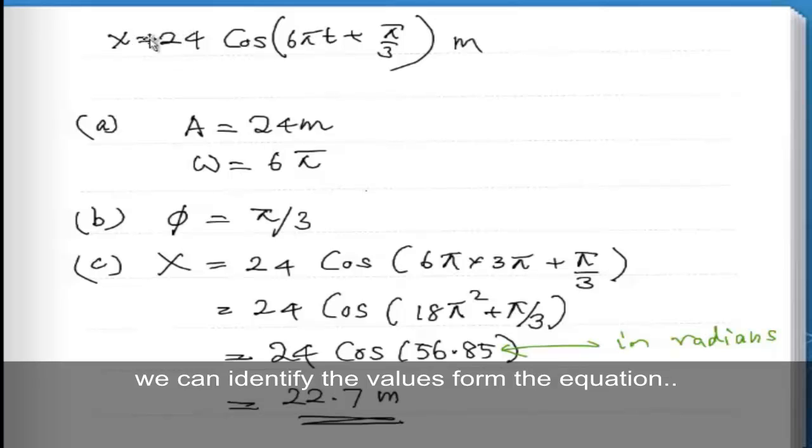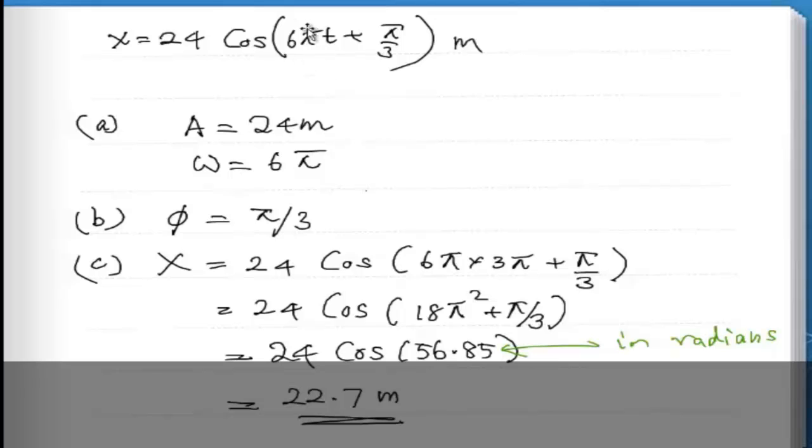By comparing this equation with the equation for the displacement, we can identify that the amplitude is 24. So the amplitude is 24 meters, and then 6 pi is the angular frequency, and also the phase constant is pi over 3.